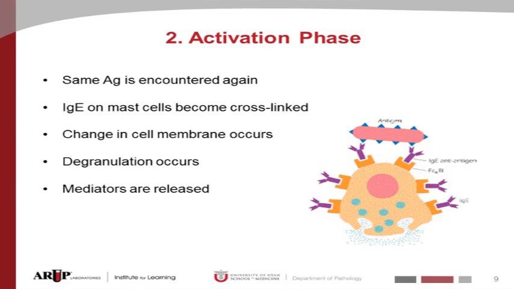There is a calcium influx into the cell, and a triggering of degranulation of the mast cell. So any of the granules that have been contained inside the cell now get released out into the environment. These granules are called mediators of type 1 hypersensitivity.